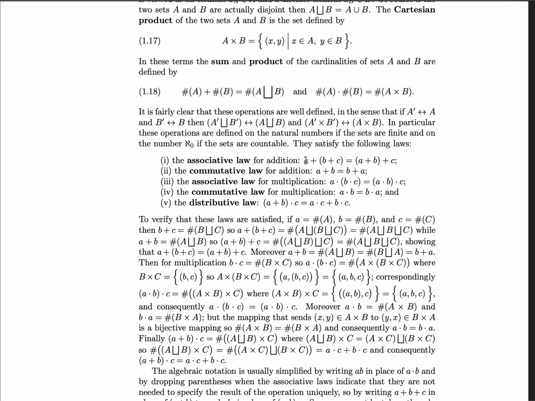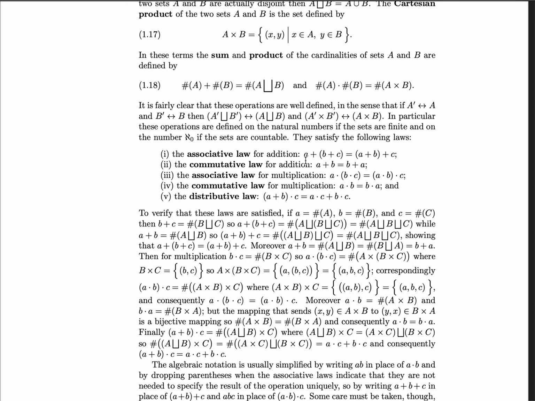The commutative law, namely that A plus B is equal to B plus A. Associativity again, but this time for multiplication: (A times B) times C is the same as A times (B times C). We have commutativity for multiplication: A times B is equal to B times A. And finally, we have the distributive law, which uses both operations, namely (A plus B) times C is the same thing as A times C plus B times C.